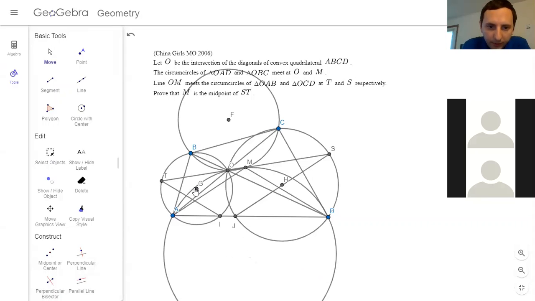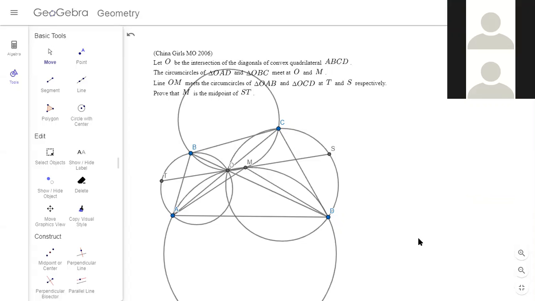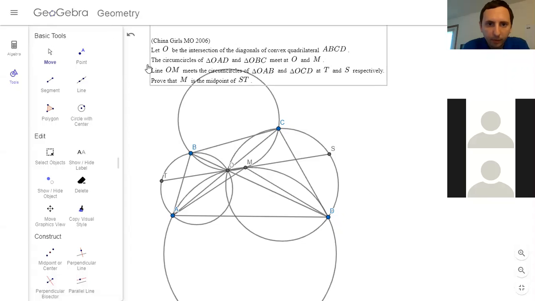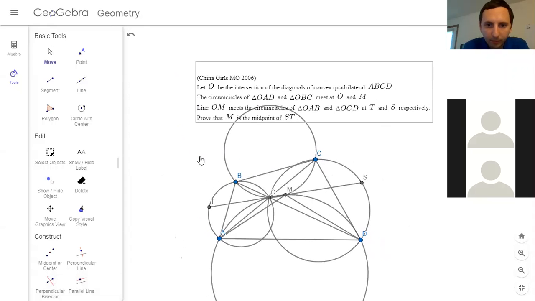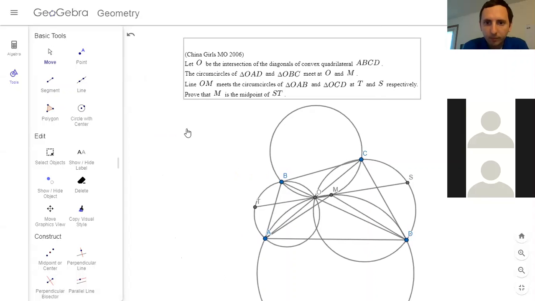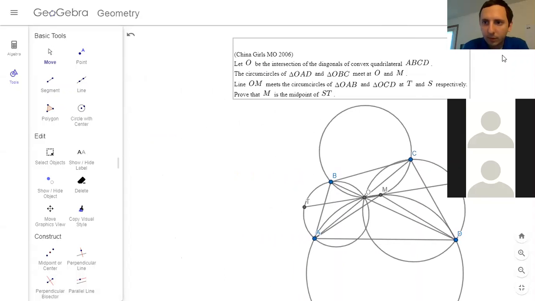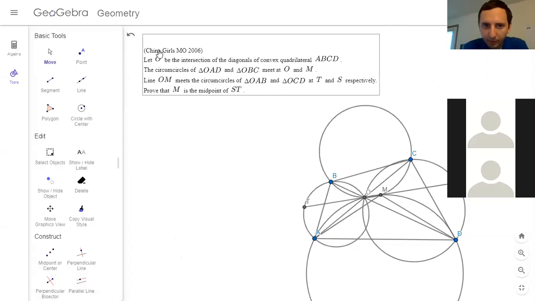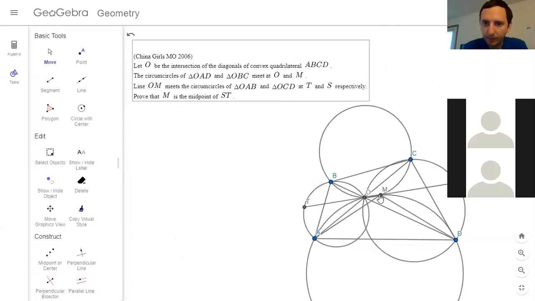Okay, so yeah, let me delete a couple things, but I think there's an easy solution. Let me make some room here. So first I'm going to show triangle TBM is similar to ABC.